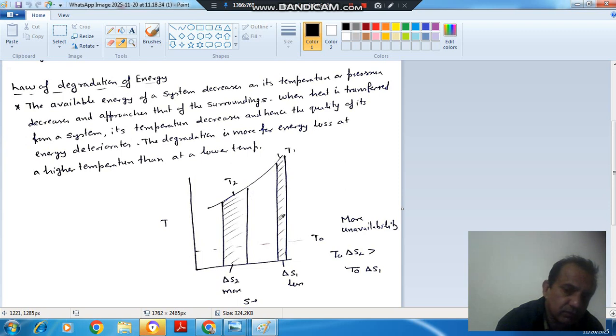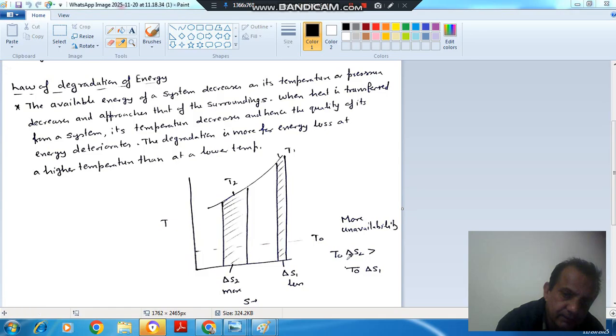As T1 is higher, delta S1 will be lower. The unavailable energy here is T0 delta S1, and here it is T0 delta S2.